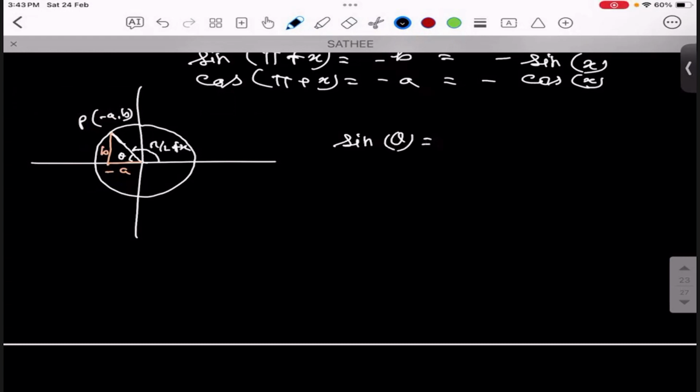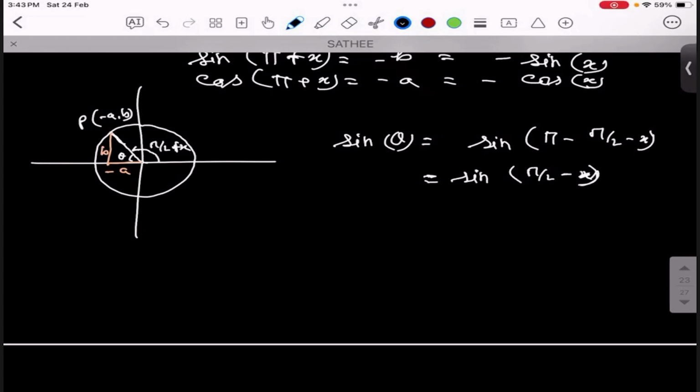We know about sine theta, which is nothing but sine of pi minus pi by 2 minus x, which is giving us sine of pi by 2 minus x.